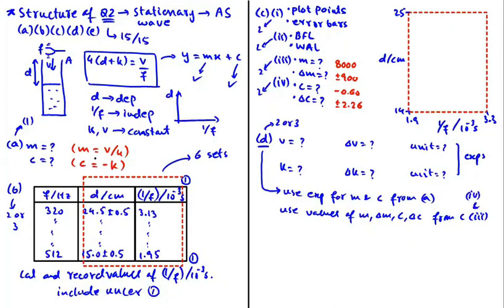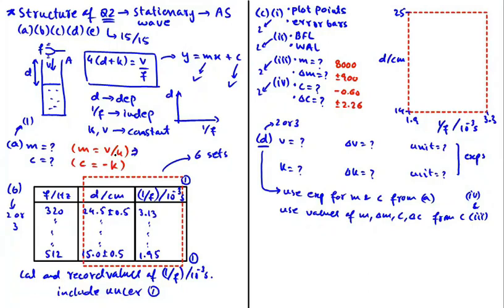Look students, this is part A, and these are the expressions for gradient and y-intercept that we determined in part A. M is gradient, V is constant, C is y-intercept, and K is another constant. We use these expressions to determine expressions for constants.